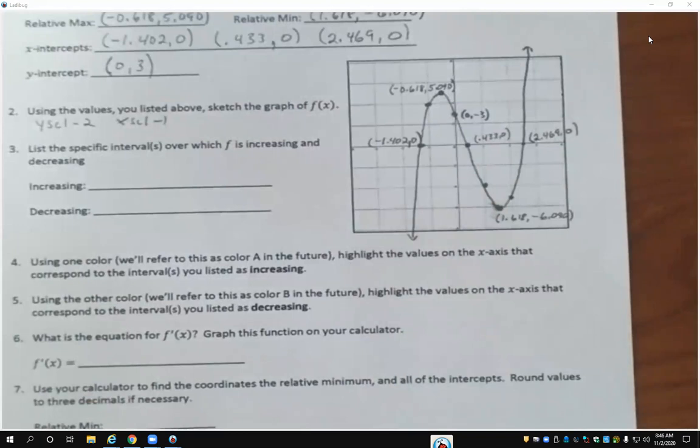By the way, if you pre-printed the notes, it's going to help if you have highlighters or different colored pencils, or just a pen and a pencil might be good enough. I am going to use a couple of different colors for something here in just a minute.